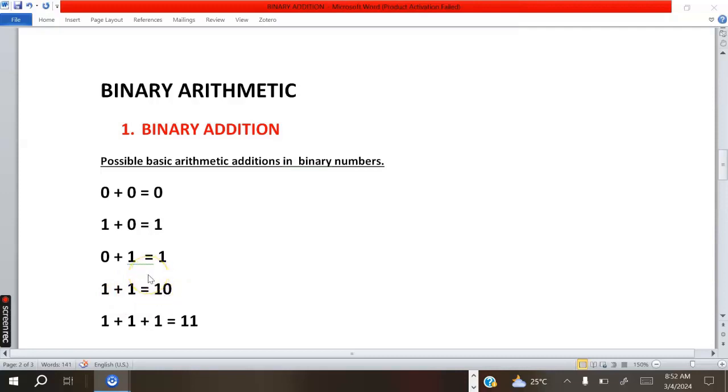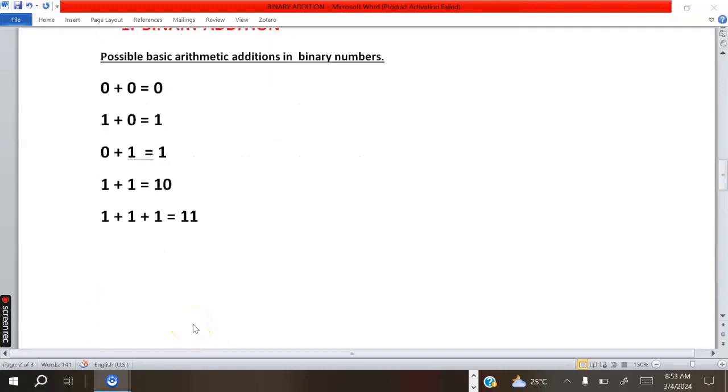Therefore, we have to state it as 1, 0 and not 10. Then the other thing, 1 plus 1 plus 1 is supposed to give you 1, 1.